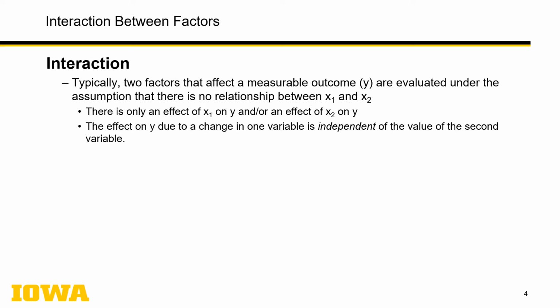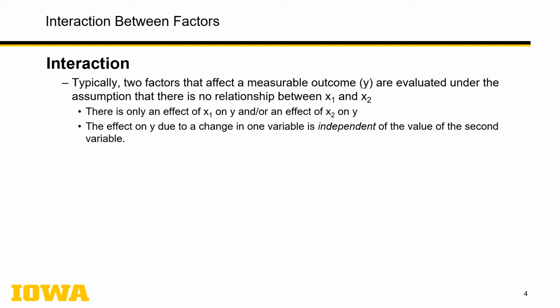So, for example, here, typically two factors that affect a measurable outcome are evaluated under the assumption that there is no relationship between the two factors, x1 and x2. There is nothing about the way that you measure the outcome variable when x2 is fixed and you change x1, right?